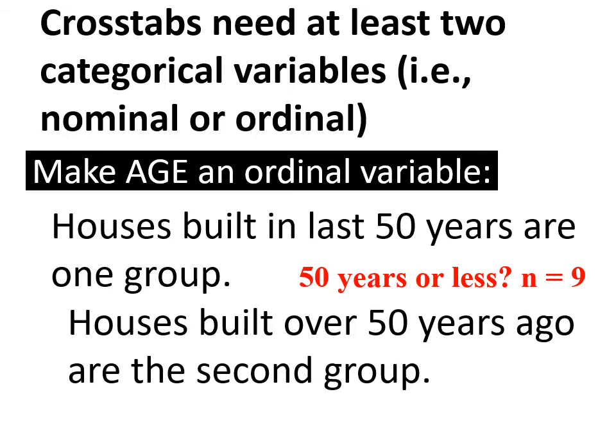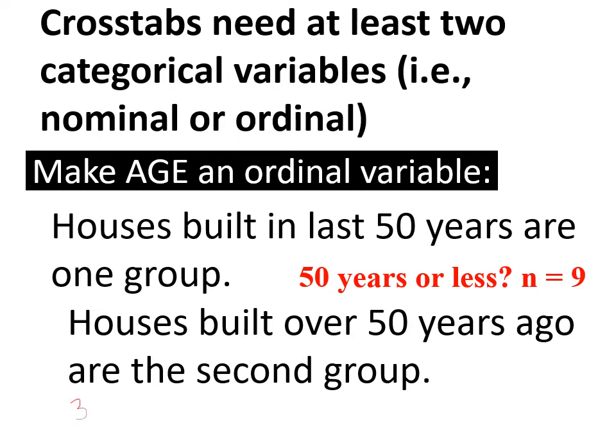And then we can put all of the other houses, so the houses that are built over 50 years ago, into the second group. And an easy way to calculate that is, well, we could go through literally and count them, which isn't a bad idea, or you can have software do it.